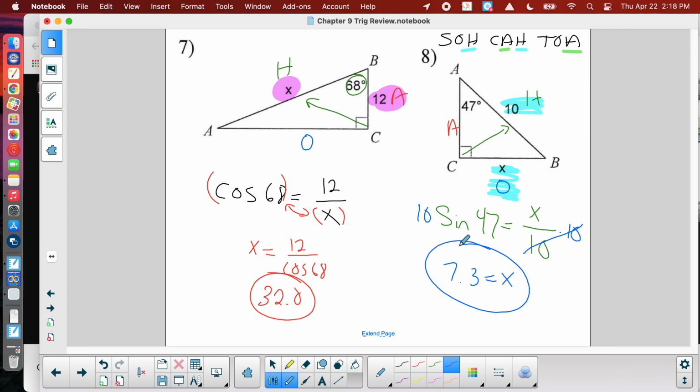Okay. Regarding the 32.0, some people are like, well, what if I just put 32 for that answer? That's probably okay. The only downside of that is that if someone is reading your work and they don't know what you're doing, they may think you just rounded to the nearest whole number instead of rounded to the nearest tenth. By seeing 32.0, I know it's a much narrower range of values.